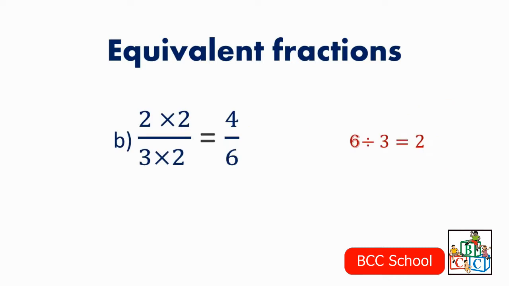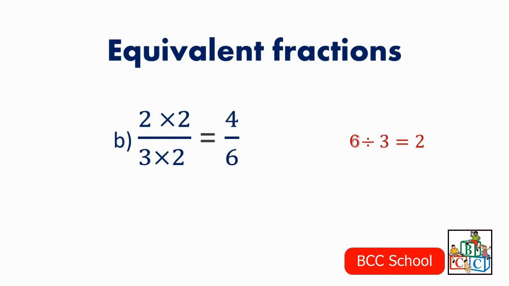Regardez exercice B. 2/3 is equal to something over 6. Comment est-ce que je vais savoir par quel chiffre je dois multiplier 3 pour avoir 6? I divide 6 by 3. 6 divided by 3 is equal to 2.